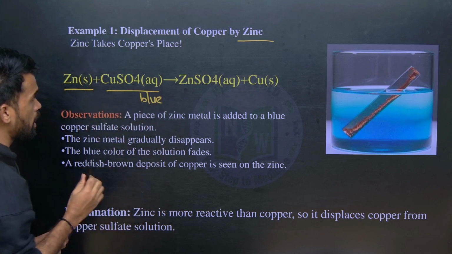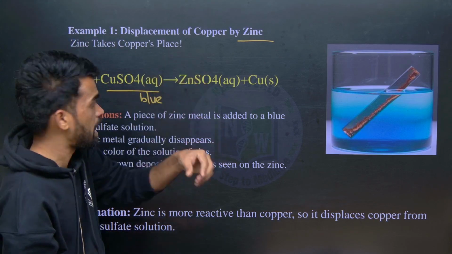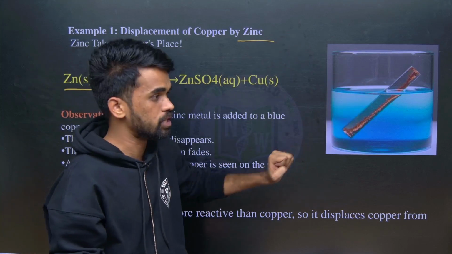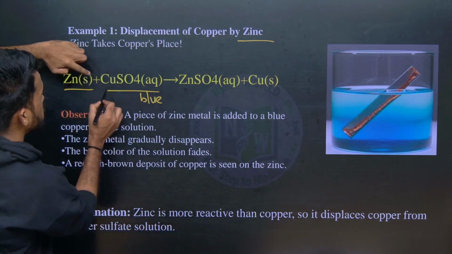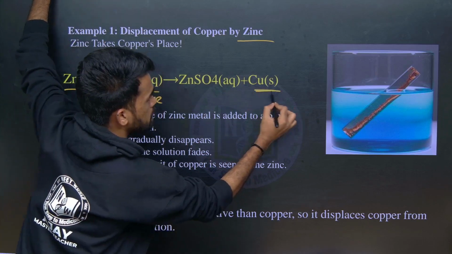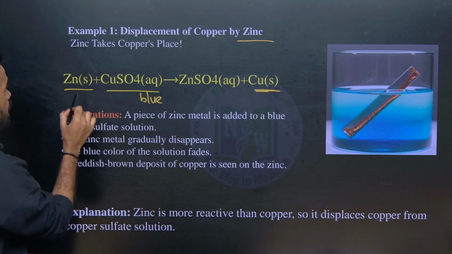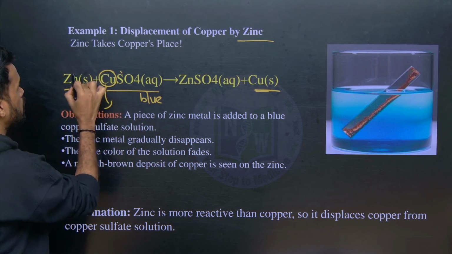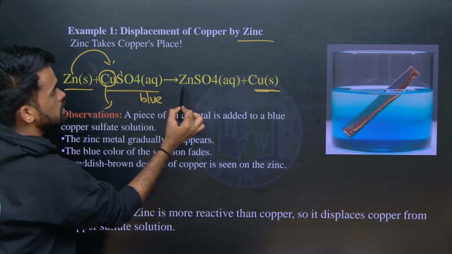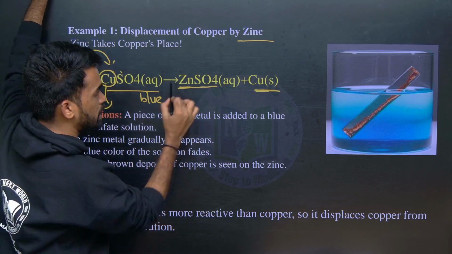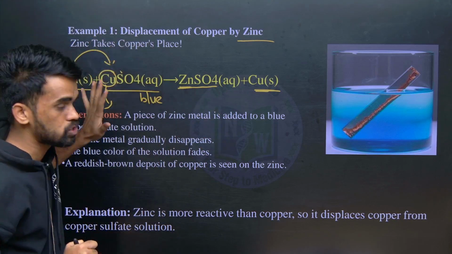Whenever we add zinc granules, or when a zinc rod is dipped into the copper sulfate solution, the copper gets displaced as copper metal. Copper is removed from its position, and in that position we get zinc. So zinc sulfate, ZnSO₄, is formed. This is what happens during the process.